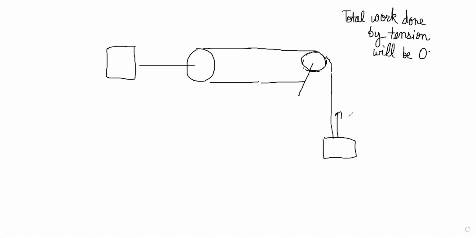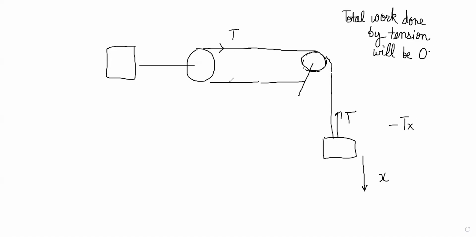So that method is sometimes useful. The method is saying that total work done by tension in the whole system will be 0. Basically, they will say the tension here is T, and the body goes down by, let's say, x. So work done by tension is minus Tx here.